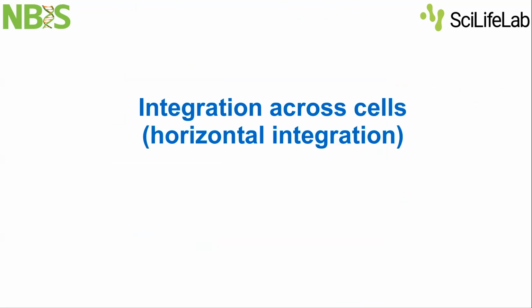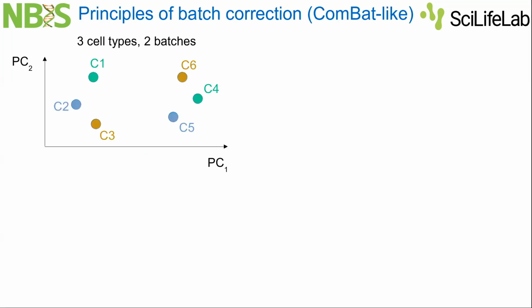So we start with horizontal integration, or what I call integration across cells. The problem is the following. Imagine that you have a mixture of cells coming from three cell types and two batches. Maybe you are visualizing these six cells through a PCA, through dimensionality reduction. Here I'm coloring cells by their type.